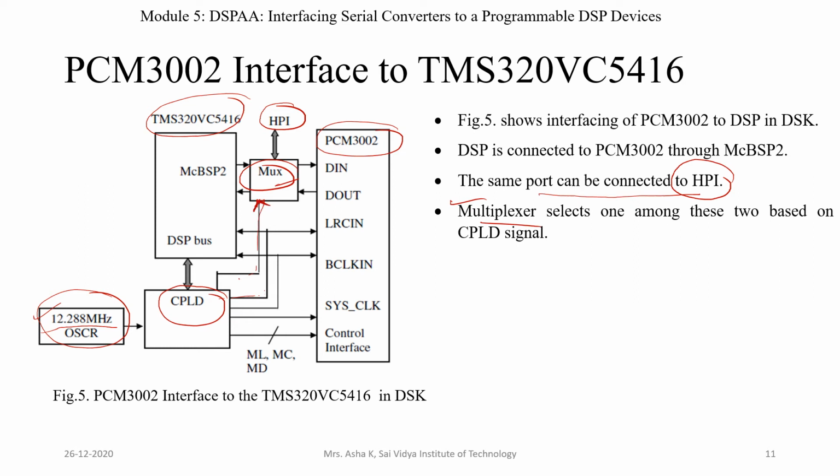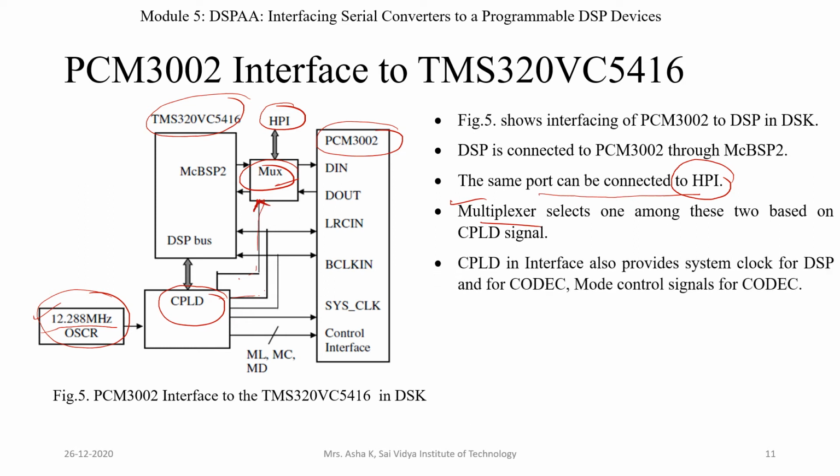It acts as the control signal here. It also provides system clock for the DSP and as well as for the codec. Mode control signal for codec is also generated by the complex programmable logic device in the interface.